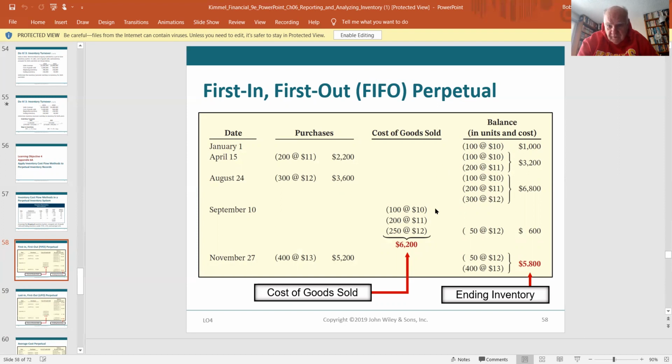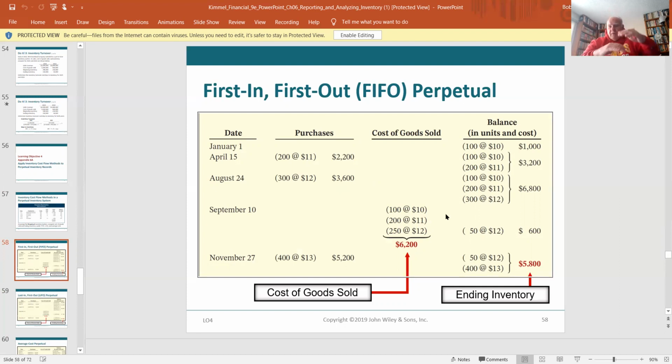There's our 550. They're going to take the 550 and go back and pull the cost of goods sold from here. In other words, if it was FIFO, it would be 100 at 10, then it would be 200 at 11, and then it would be whatever we needed, 250 from the 300.